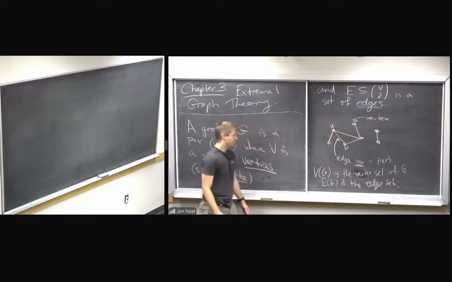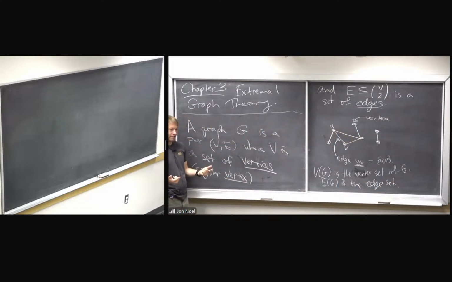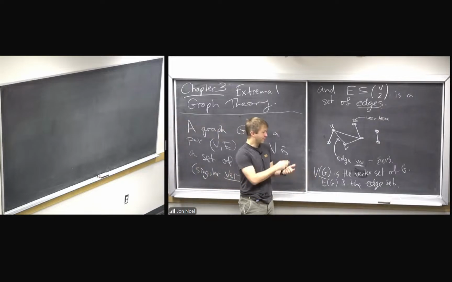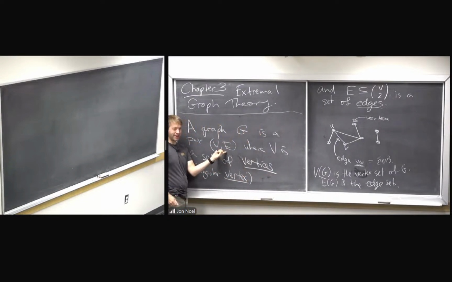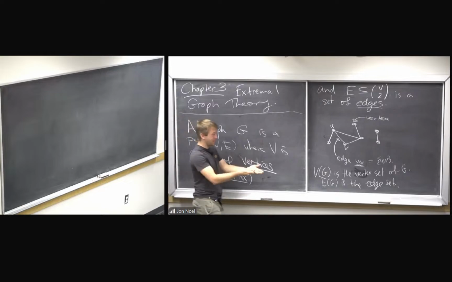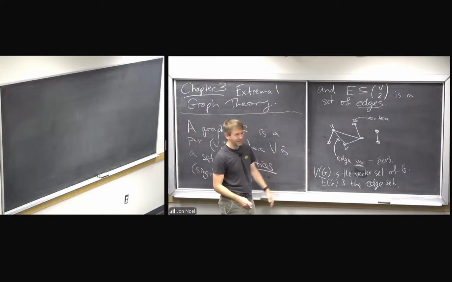You never really write down a graph this way; you just say let G be a graph, and then you start talking about V(G) and E(G).